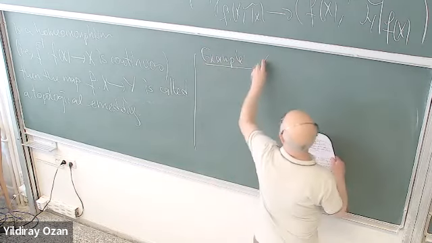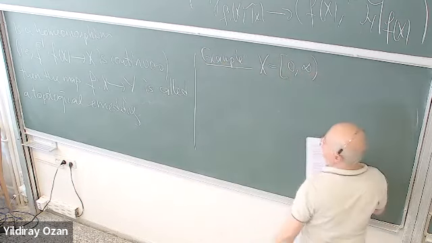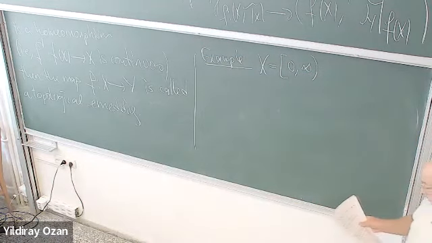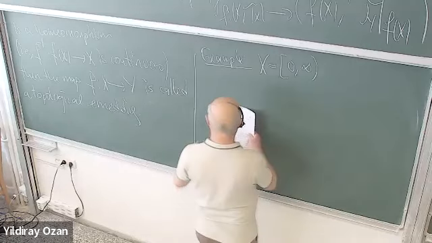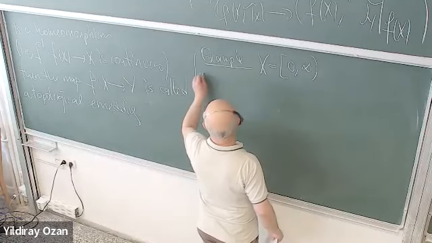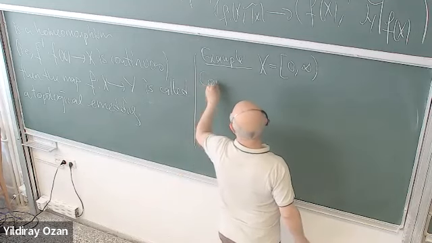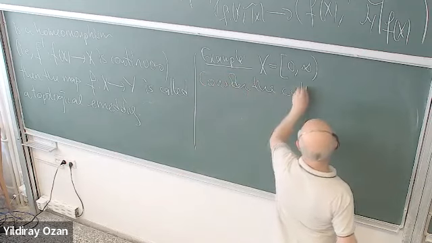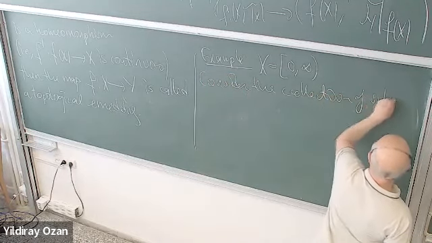Now, for example, consider this subset of the real line, just this subset, 0 to infinity, okay? And then consider this collection of subsets.